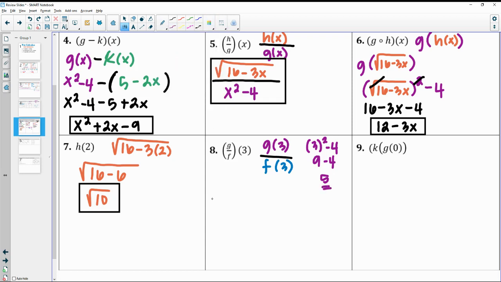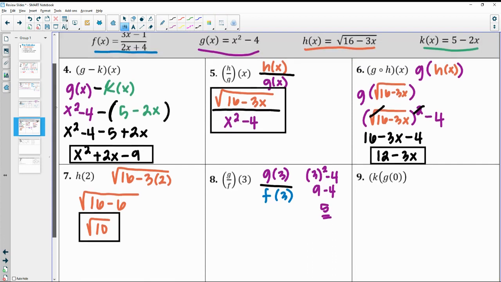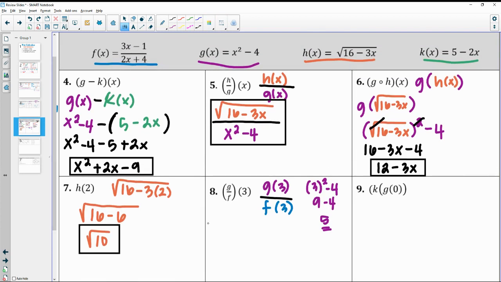So then if we do f of 3, now f is a bit more complicated because it's got a fraction there. So we're doing 3 times 3 on top minus 1. And on bottom, we're doing 2 times 3 plus 4. So this would be 9 minus 1 on top, which would be 8.